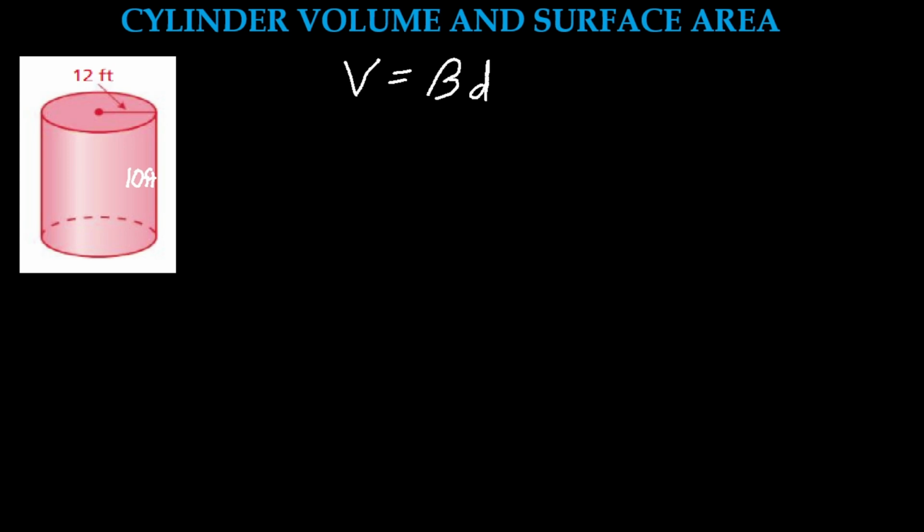So first we'll find the volume. So volume equals beta depth. Beta is the area of a circle, so I'll replace the beta with pi r squared. Next, in order to substitute, I'm going to replace the radius with 12. 12 squared would be 144, and the depth is going to be 10 feet.